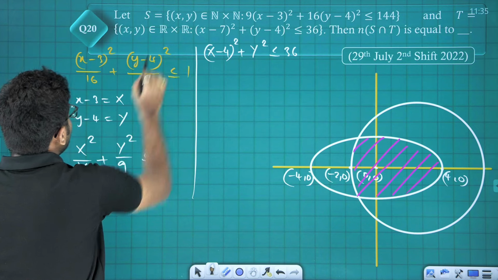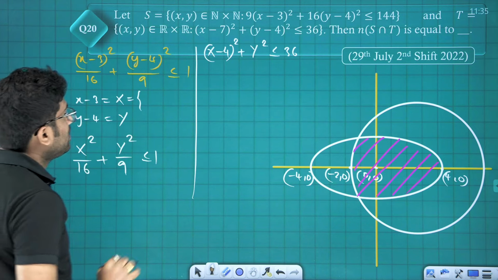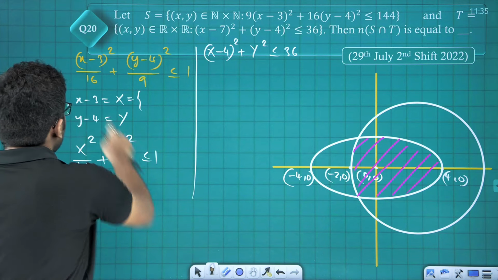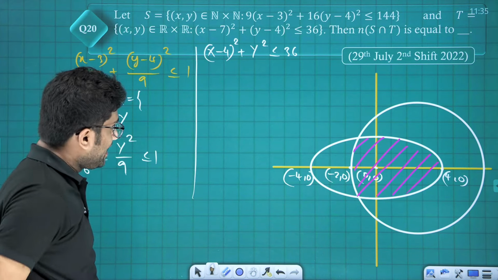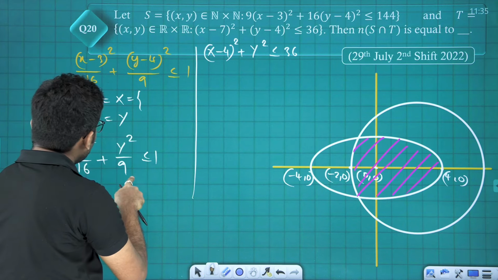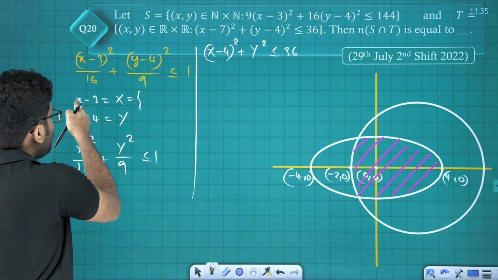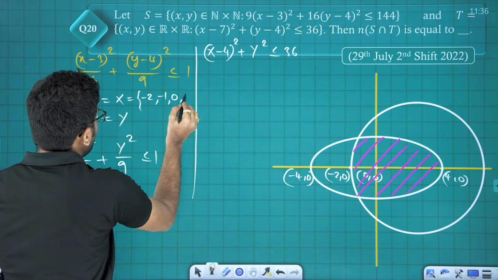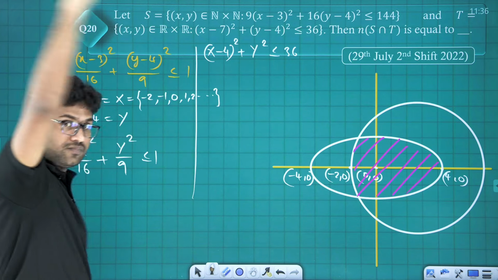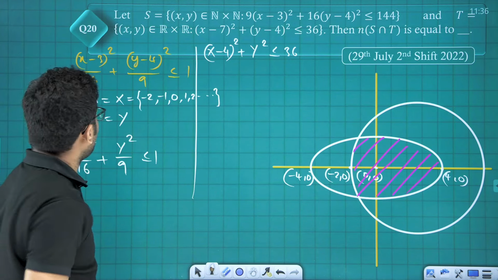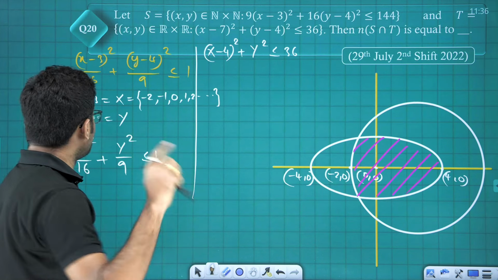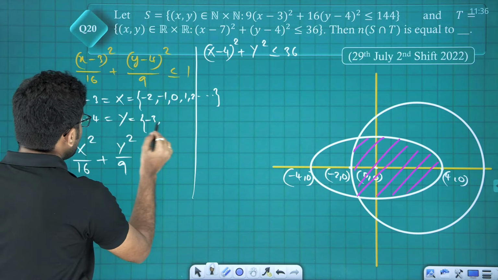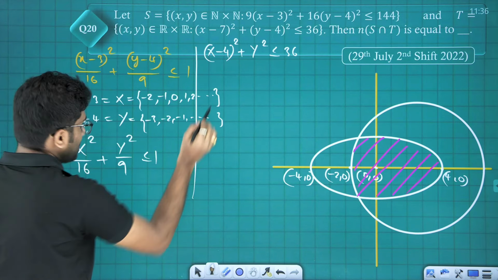If x minus 3 is equal to capital X, x is a natural number, so capital X can take values: if x takes 1, 1 minus 3 is minus 2; if x takes 2, 2 minus 3 is minus 1, then 0, 1, 2 and so on, because x should be a natural number, no? If y takes 1, 1 minus 4 is minus 3, then minus 2, minus 1 and so on.